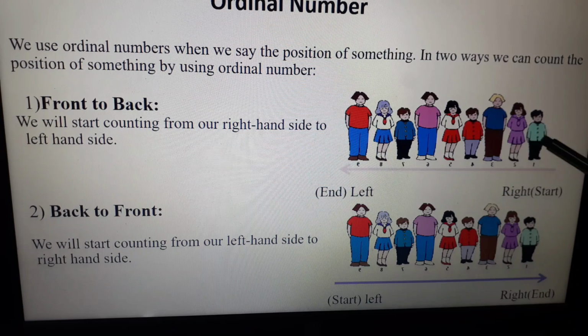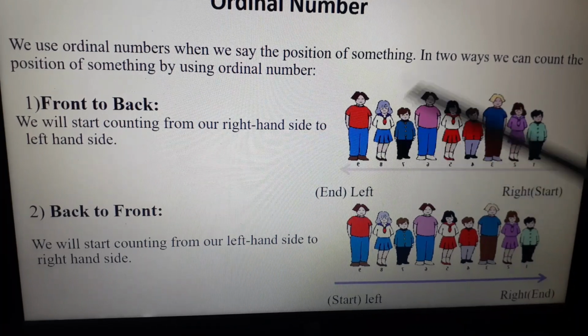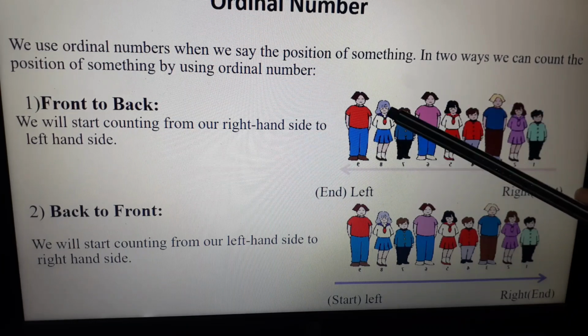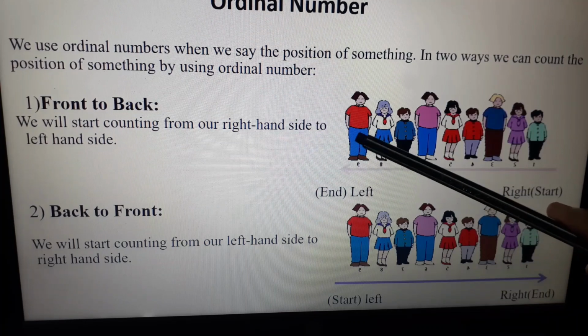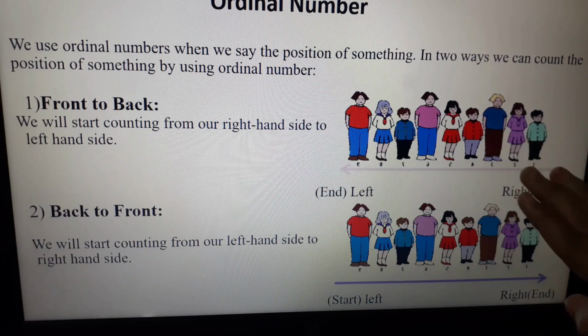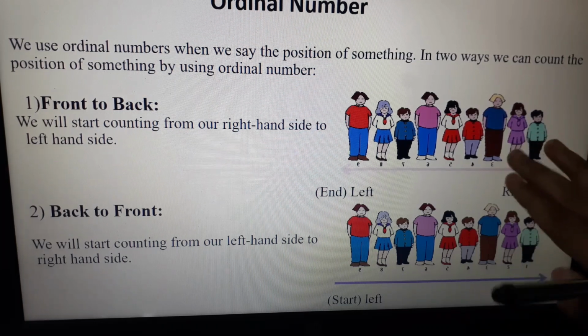Suppose this is Tasin, this is Samaira, this girl is Ramisa and this is Zaim. I am picking the first two and the last two. If I start counting from the right side of my hand to the left, the first position, 1, 2, first, second.